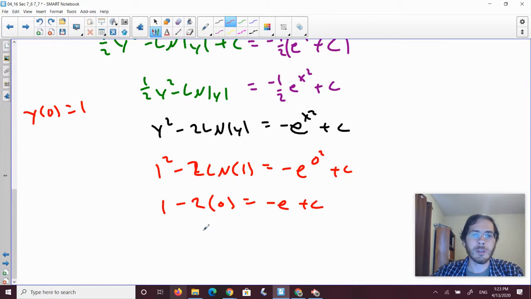So I get 1 equals negative e plus c. So I can add e to both sides. I get 1 plus e equals c. All right, well, looks like that's what we got.